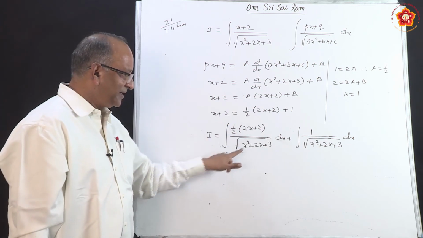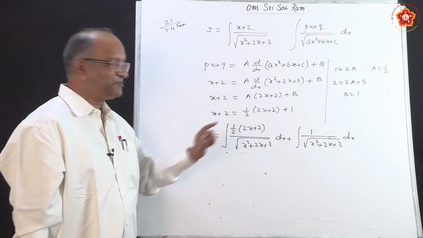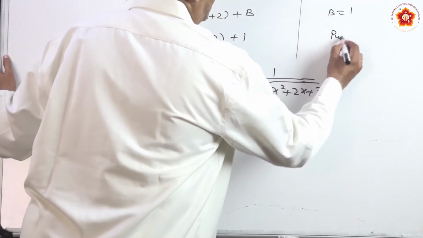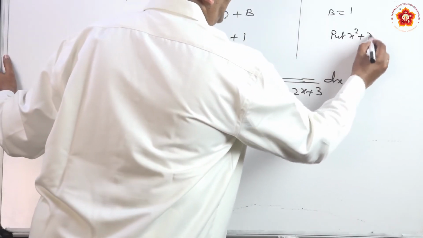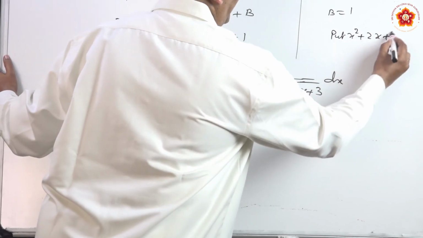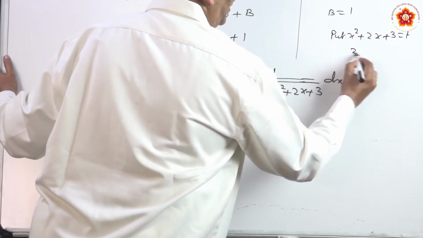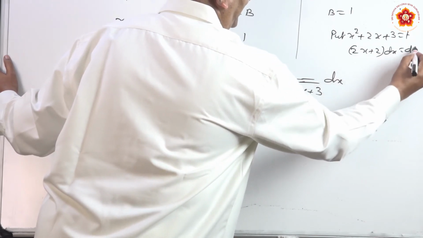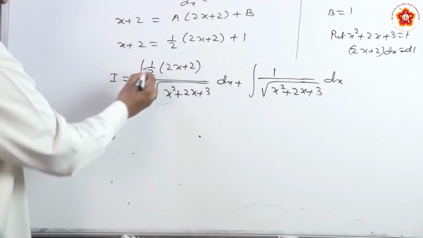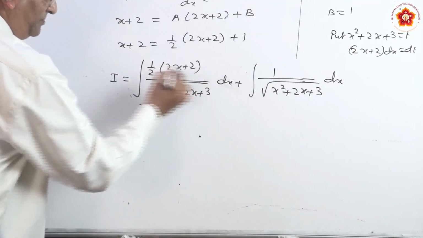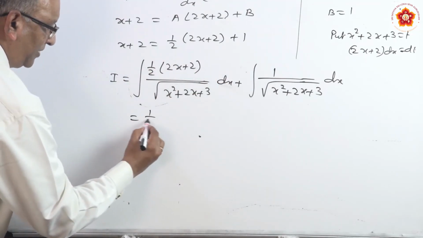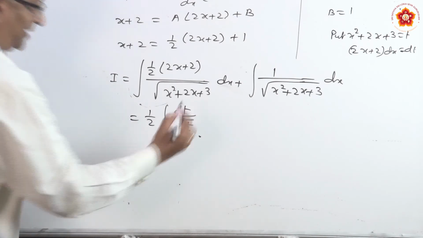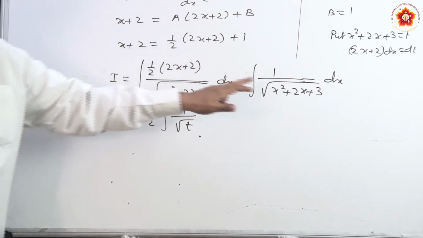For the first integral, simply put x square plus 2x plus 3 as t. What will happen? You will get 2x plus 2 dx equal to dt. If you put this 1 by 2 outside, this whole thing becomes 1 by 2 dt upon root t. It became so simple.